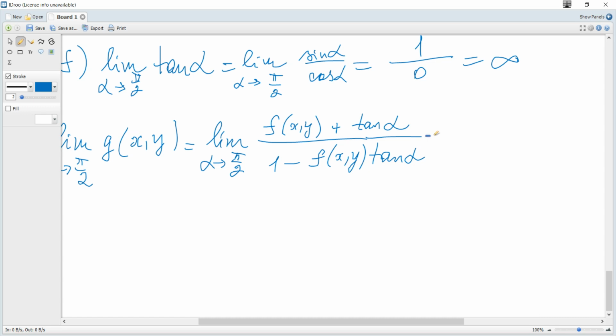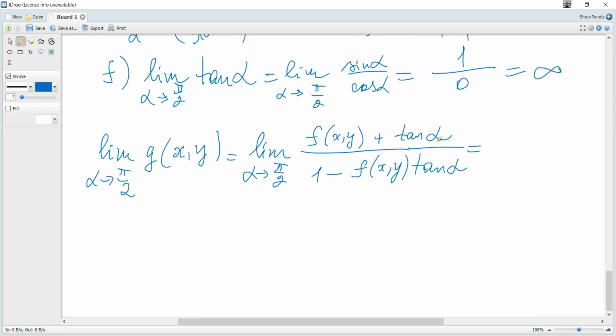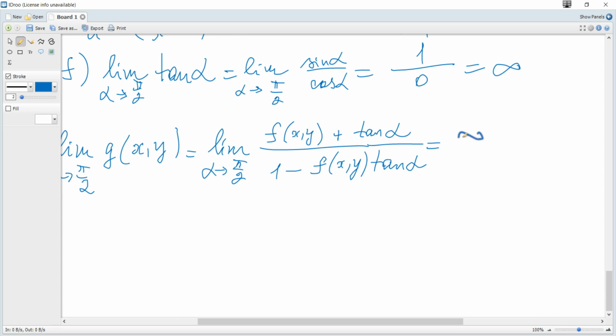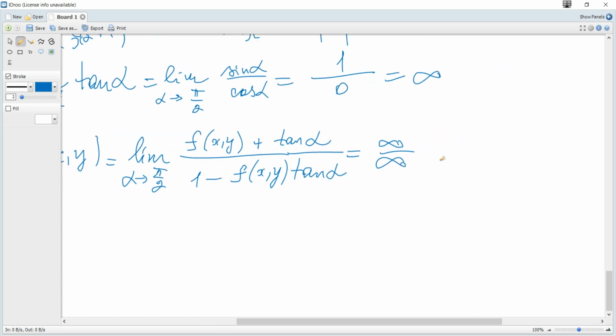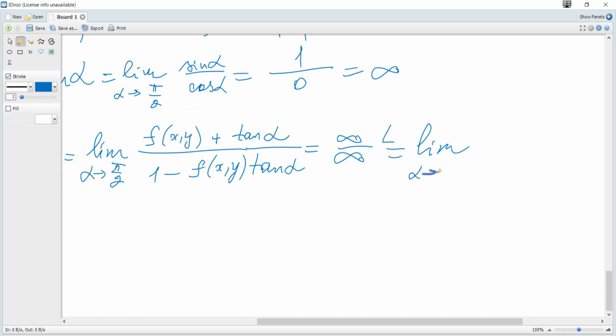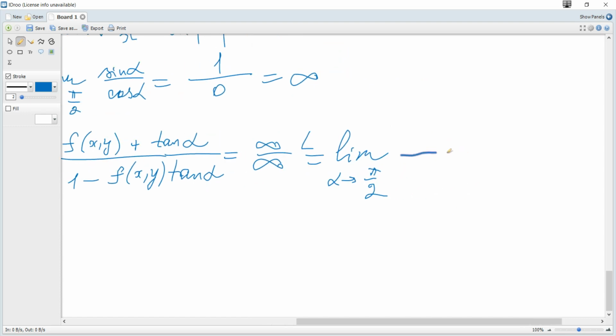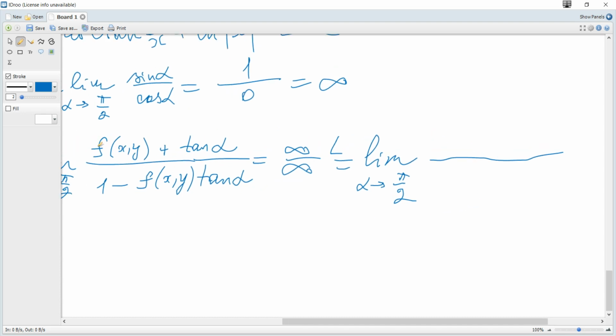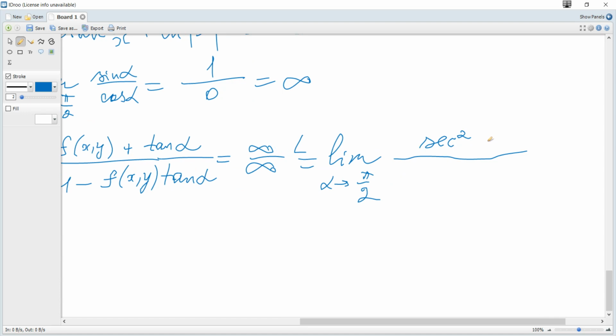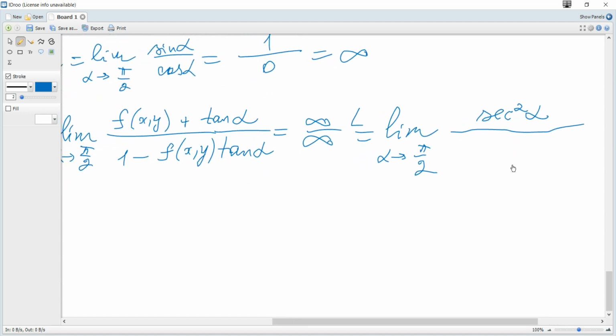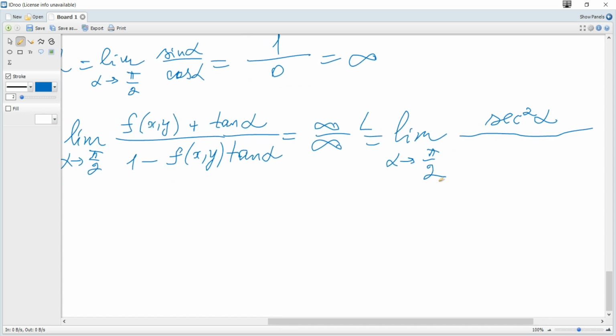And you can see that, since limit of tangent is infinity, it becomes infinity over infinity, and we know when limit is infinity over infinity or 0 over 0, we can apply L'Hopital's rule, and it says that this limit is equal to derivative of the numerator divided by the derivative of the denominator. F is constant with respect to alpha, so derivative is 0, and derivative of tangent is secant squared alpha, and we take derivative with respect to alpha because limit when alpha tends to something.